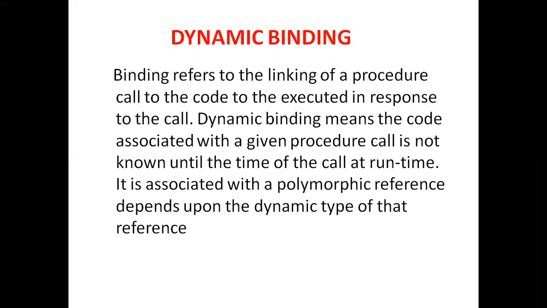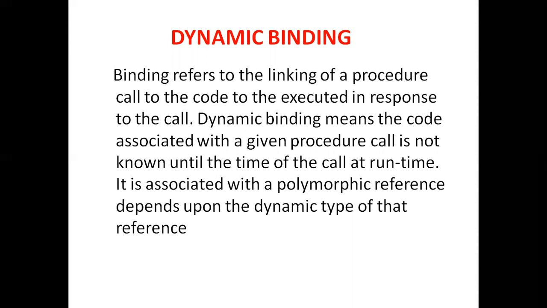So whenever you will compile your program, at that time static binding will occur, and the compiler will not know which binding will occur. In dynamic binding, until your program will run, it will not bind your program.